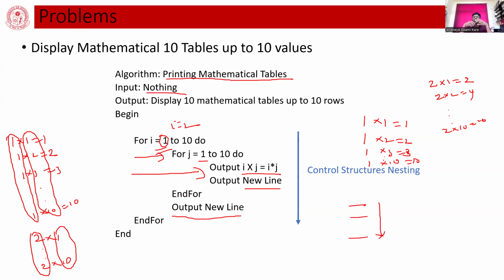So problem solving is about writing algorithms for computational problems, and writing algorithms is about using these three constructs called sequence, selection, and repetition. How we combine them using stacking and nesting is the key to writing algorithms.